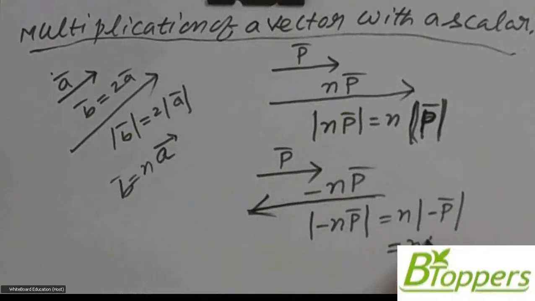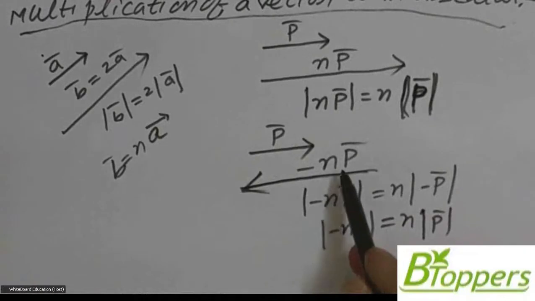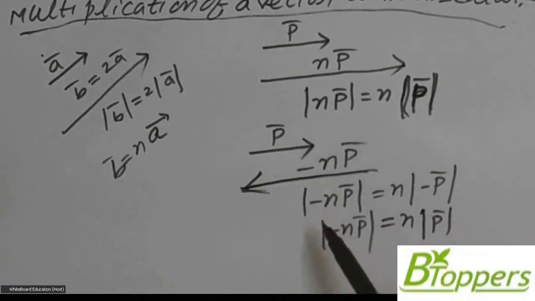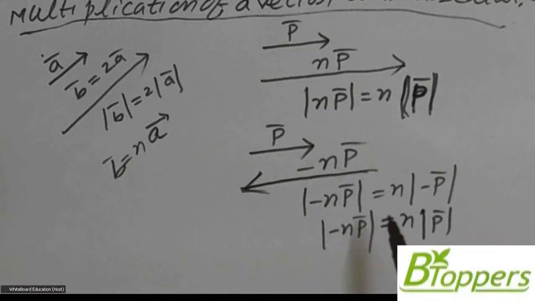The modulus of vector minus P bar is the same as the modulus of vector P bar. So you can write the modulus of vector minus NP bar is N times the modulus of vector P bar. Remember that the modulus of any vector cannot be negative. So if two vectors act in opposite directions, or sometimes we say anti-parallel, then one vector can be expressed as a negative scalar multiple of the other vector.